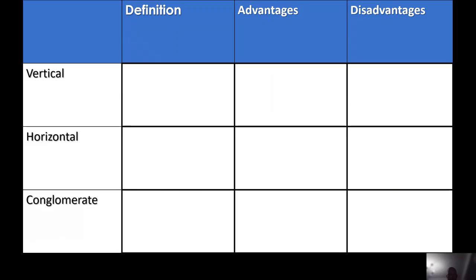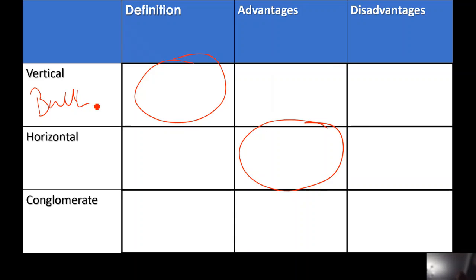So we'll work our way back through things just very quickly. I'm going to ask you for three things: the definition of vertical integration, the advantages of horizontal integration, and let's say vertical backwards, and the disadvantages of conglomerate.